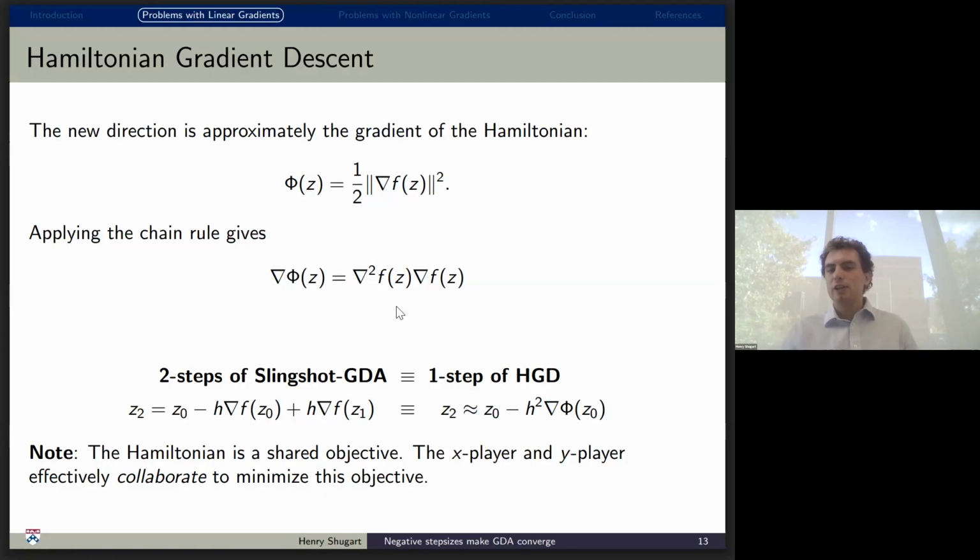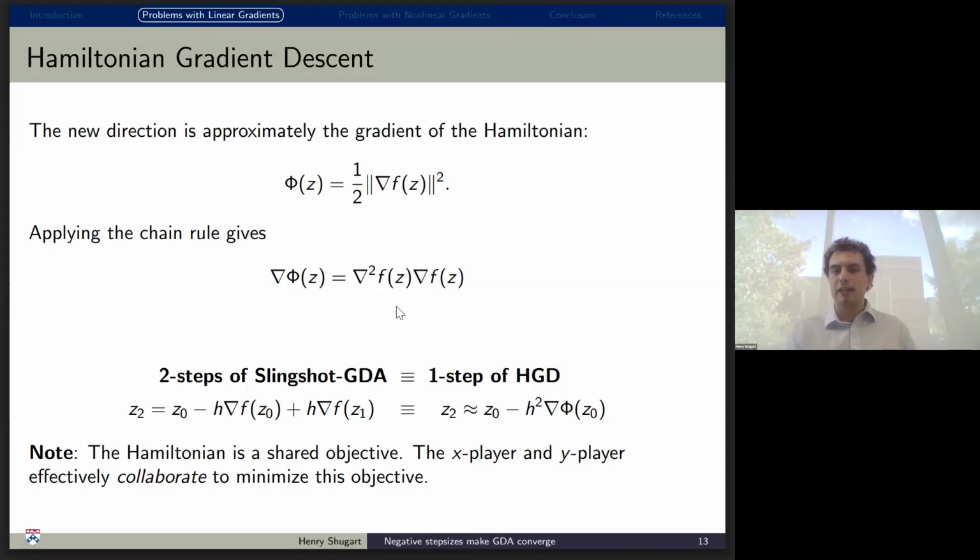And it's important to note that the Hamiltonian is a shared objective, that x and y are now collaborating to find a stationary point, instead of competing to find a min-max point. So now instead of looking for a saddle point, we're looking for a minimizer of phi. And so it's at least a little bit of a sensible direction.